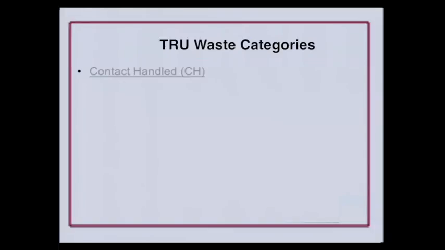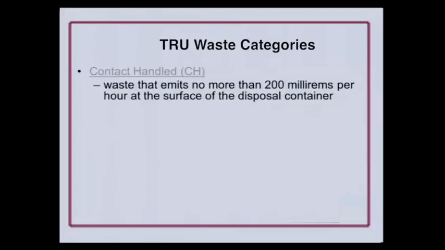So what we're talking about there is basically this. It emits no more than 200 millirem per hour at the surface of the disposal container. If it's a 55-gallon drum, then 200 millirem per hour contact is the max reading you can have on it. If it's a B25 shipping container, same thing, 200 millirem per hour contact.